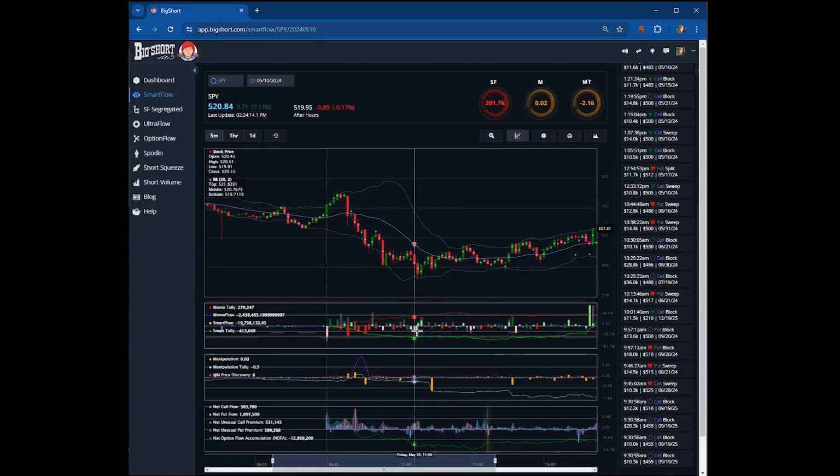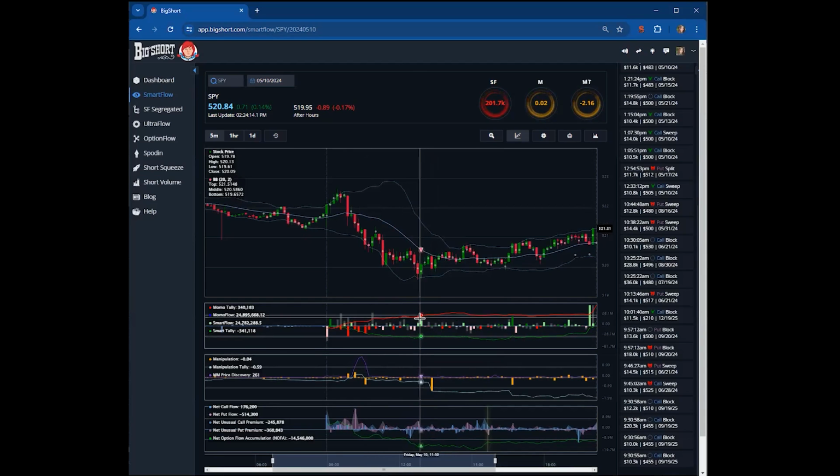The other bars here are these pink and light green bars. Pink just means that Smart and Momo are both selling together, and light green means that Smart and Momo are both buying together. If you look at this light green bar that I'm hovering over, you can see that about 60% of it is teal, or light green, and then the rest is that shadow.